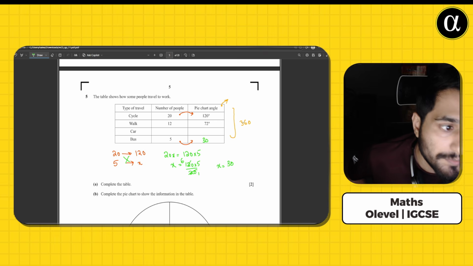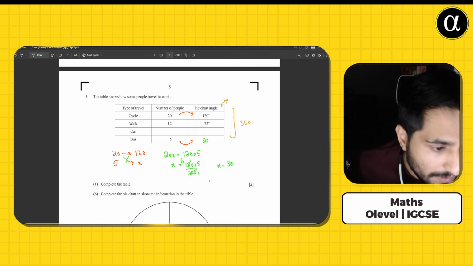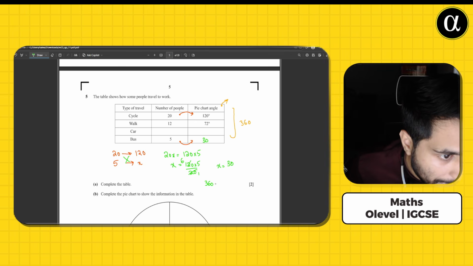Now, since we know the sum is 360, we will subtract all these numbers. We are going to get 360 minus 120 minus 72 minus 30.